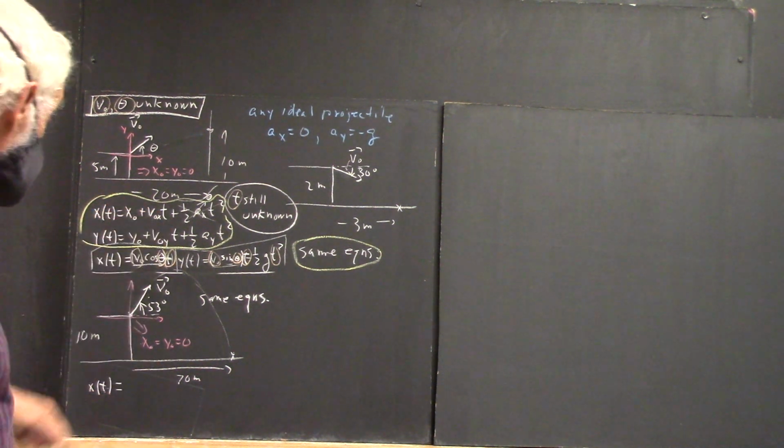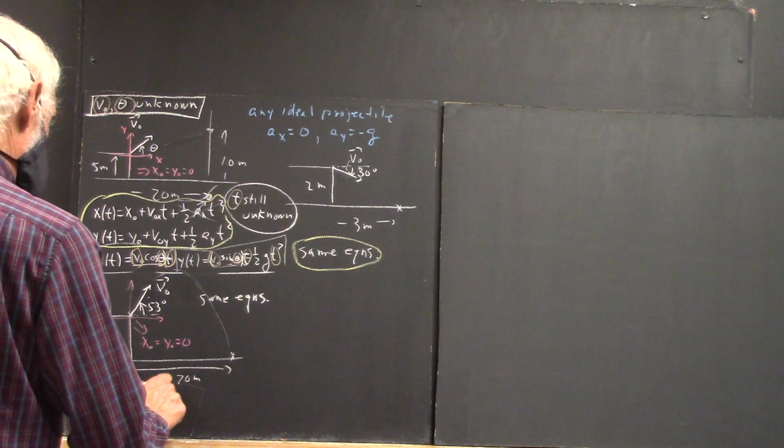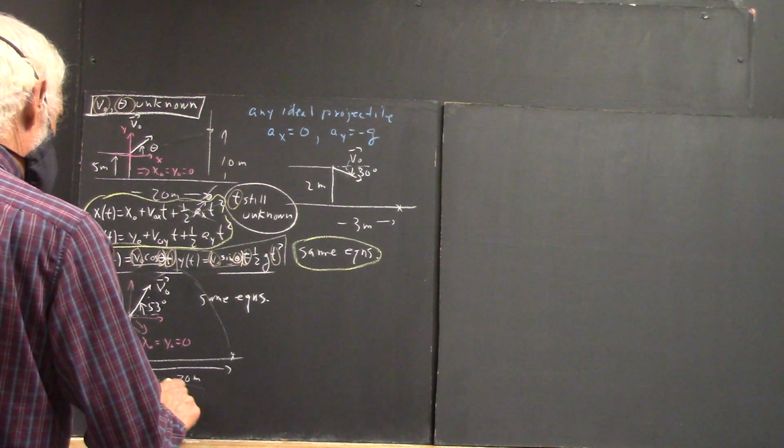What's v naught x? v naught cosine theta times t.